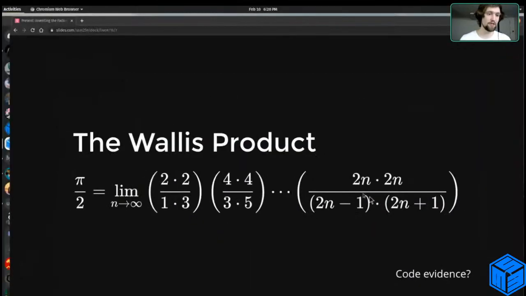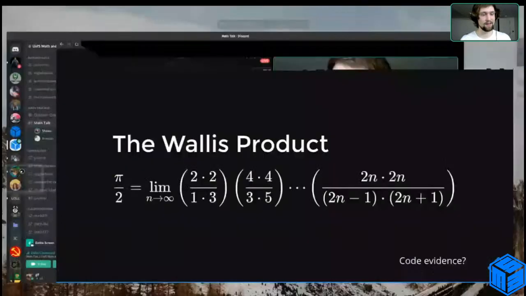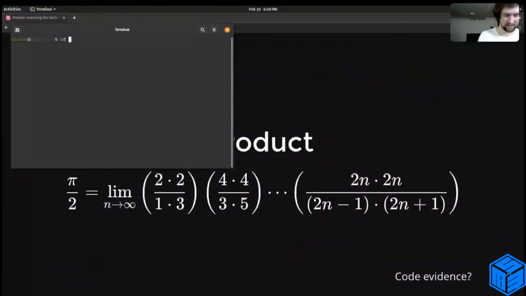And so just to show that I am not just BSing you, I'm going to make a small Wallis product function in Python. I'll just do from math import star, def w of n. That'll be our function here.